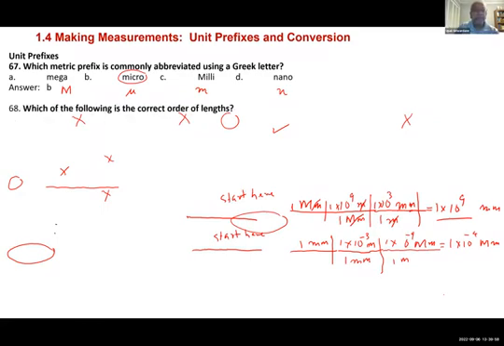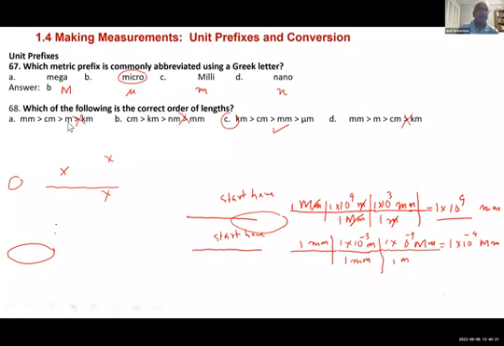Which of the following is showing the correct order of prefixes? Now you have to find out, these are all greater than. So you have to find a contradiction. Millimeter is greater than centimeter is a contradiction.